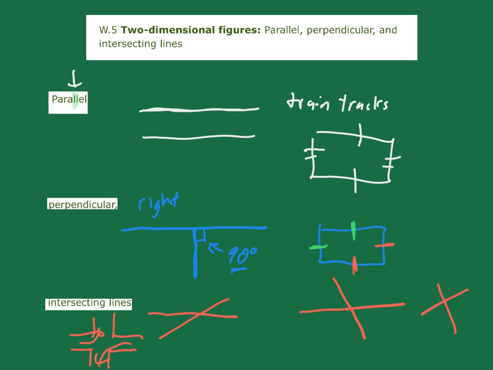So some roads could have a Y intersection like that, and you could go this way or you could go this way, either way. So kind of keep that in mind as well. Intersecting just means it's any shape of line that crosses at some point in time, not at a right angle. So perpendicular has got to be a perfect 90-degree angle.